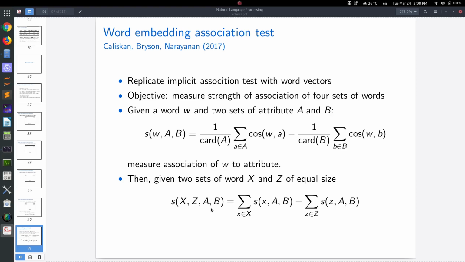So every W here is a word vector, A is also a word vector, so the feature itself is just a word, but its meaning is different, as we're going to see in the example. But that's how I compute the association strength between a word vector and the set, and between two sets.